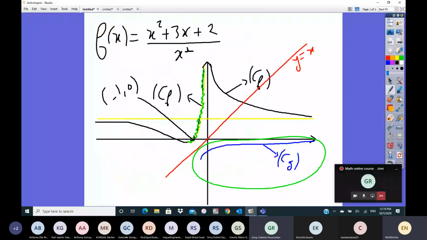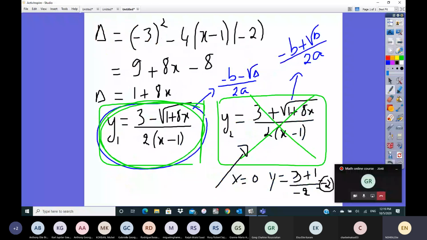The explicit form is always the inverse, 100%. But here replace x by 0. What do you get? y equals 3 minus 2 over minus 2, which is minus 1. Bingo.